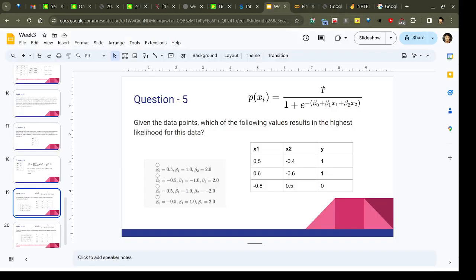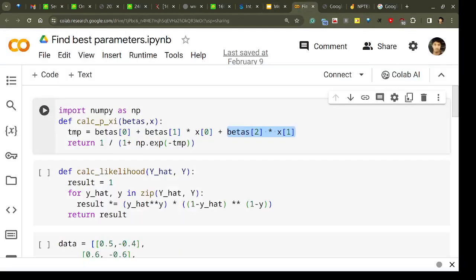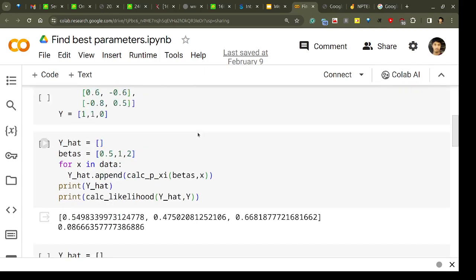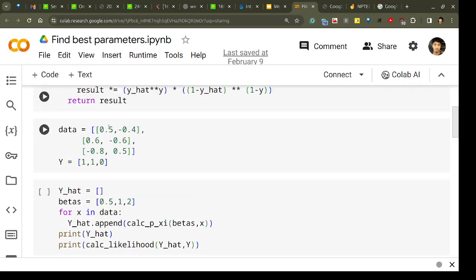We need to find 1 divided by 1 plus e to the power minus of that value we obtained from here, right. So this function will calculate the p of xi, the prediction given the beta and given the x, right. So let's go there.